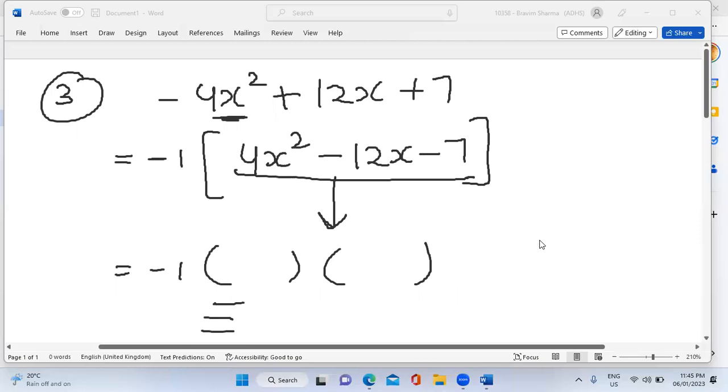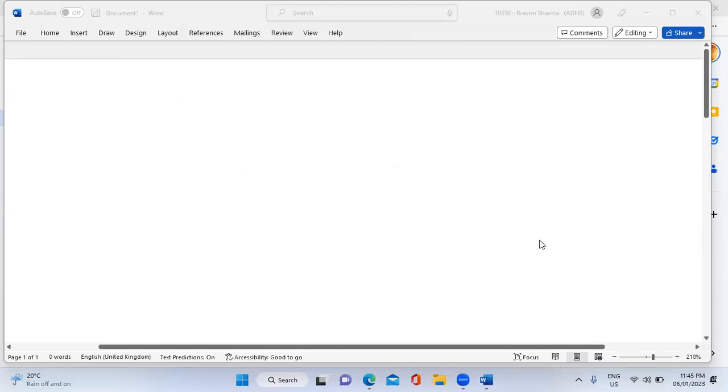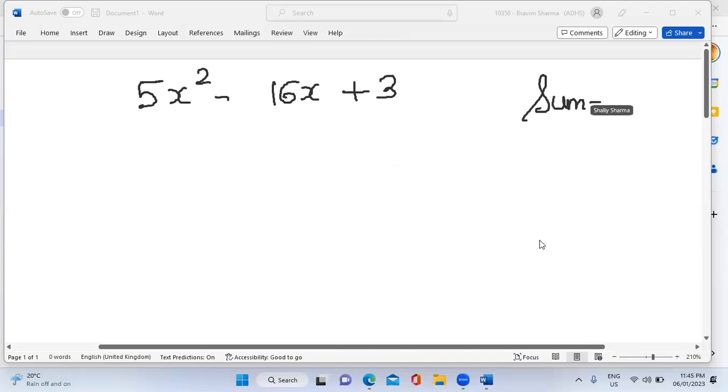And the question is 5x squared minus 16x plus 3. Now again here, if I look, the sum value is negative 16 and the product is positive 15.